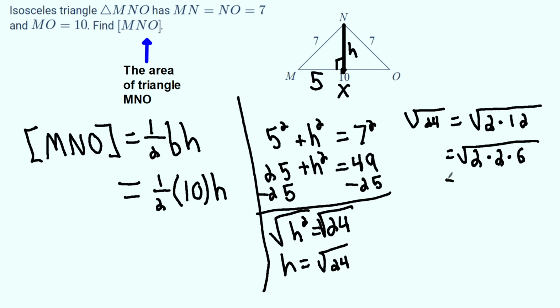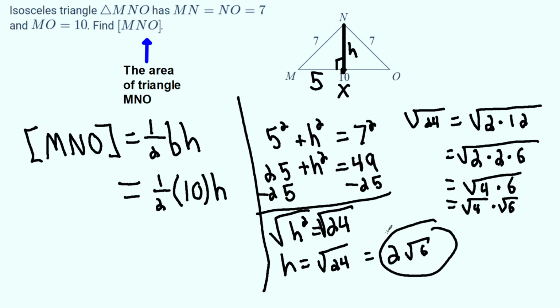And if we notice here, now I have the square root of 4, since 2 times 2, times 6. And I'm not going to break down the 6, because its only factors are 2 and 3. And that won't get me any perfect squares. But now I have a perfect square. I have the square root of 4 times the square root of 6. And as we know, the square root of 4 is 2. And then I have a leftover square root of 6. And that is my value for h.